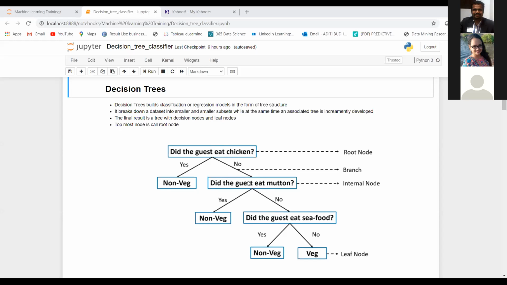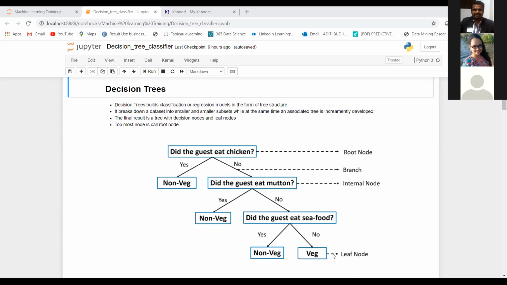Then these are the internal nodes. Both of these, whether the guest has eaten mutton or whether he or she has eaten seafood, are internal nodes, since they appear inside, or internally, in the decision tree. And the final nodes, the nodes at the last stage, based on which we are actually able to classify, are our leaf nodes.